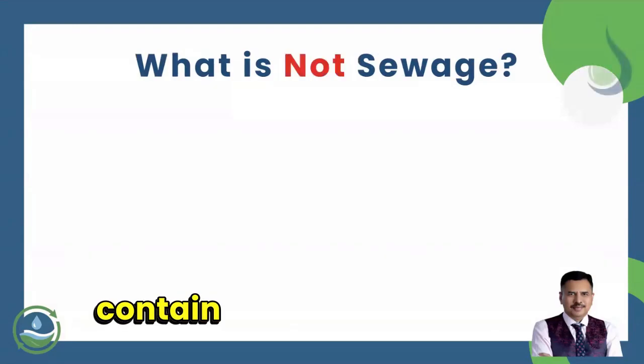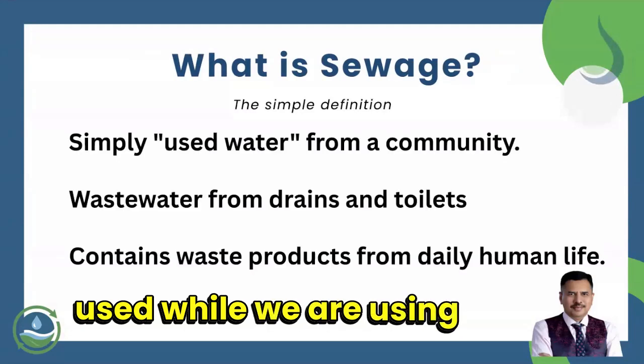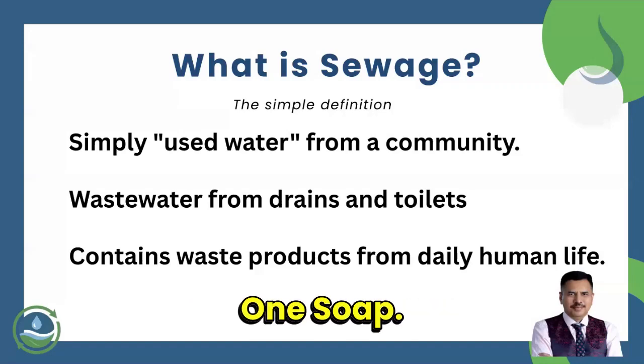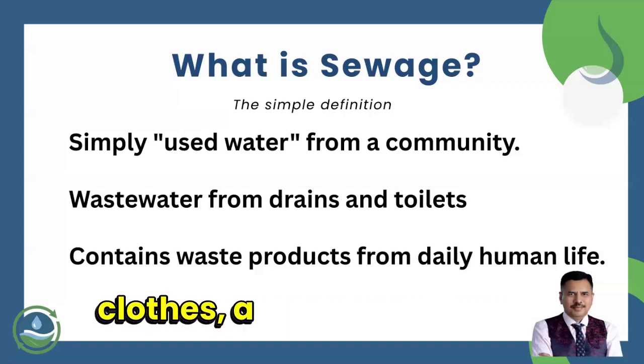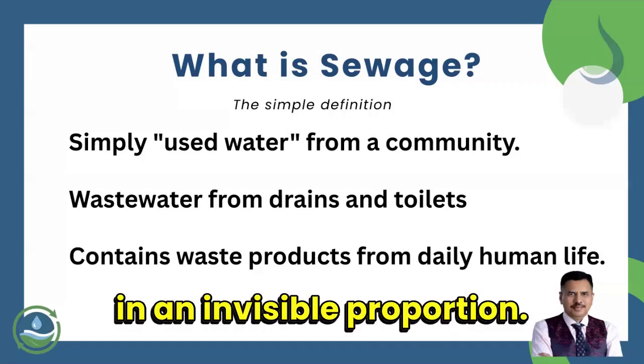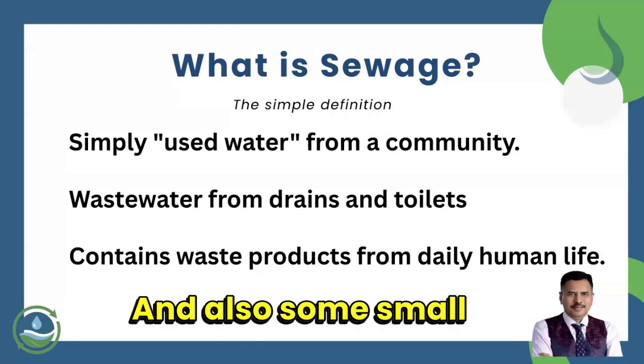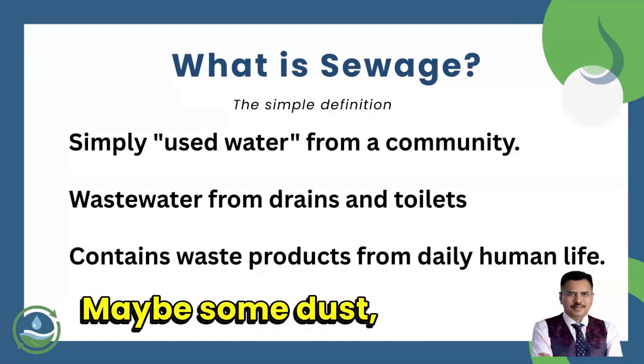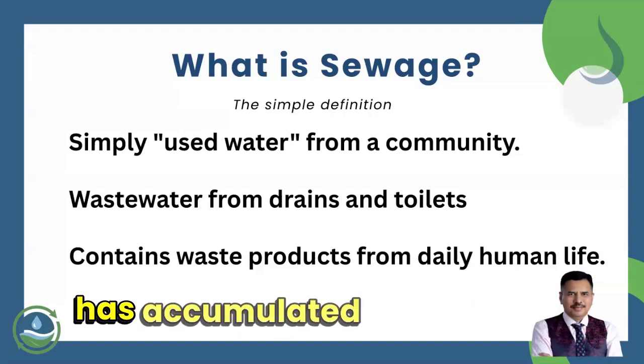It can contain things that we have used while we are using water. Like for example, we wash clothes. So from the clothes, what is going into the water to make it sewage? One, soap. And when we wash our clothes, a small component of the fabric in an invisible proportion. And also some small oil and grease which are stuck to our clothes. Maybe some dust which has accumulated on our cloth.